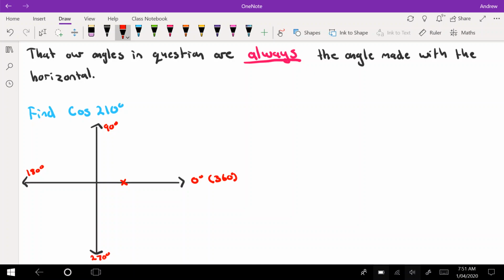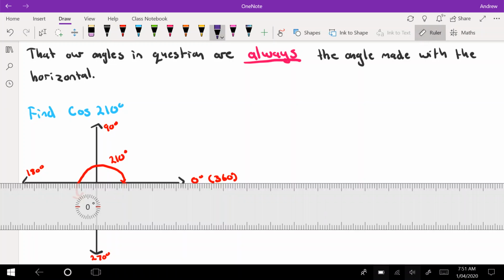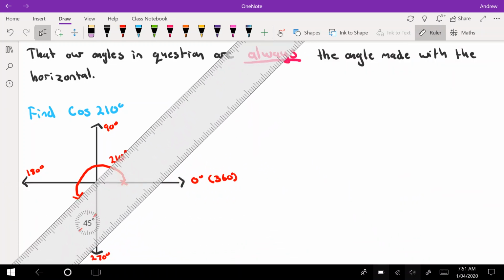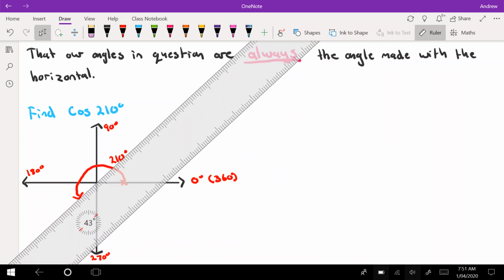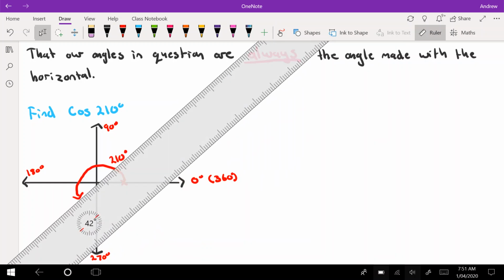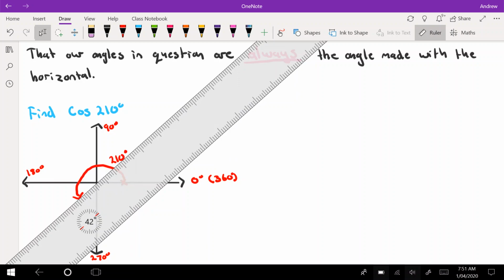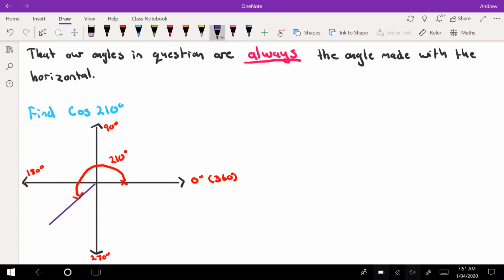So if I'm going around 210 degrees, it's going to be something like that. And I'll call that 210 degrees. And then I'm going to draw a line. The ruler is just making me show how wrong my diagram is, but that's okay, you're not going to get marked down for that.